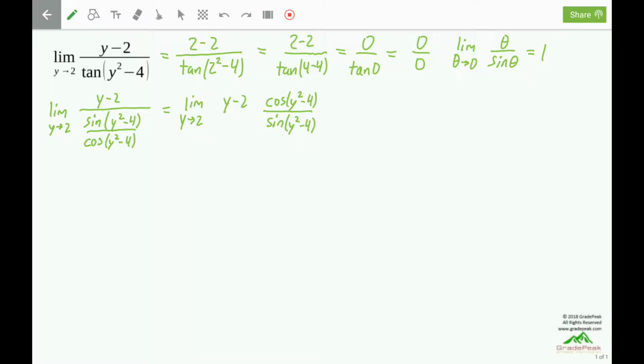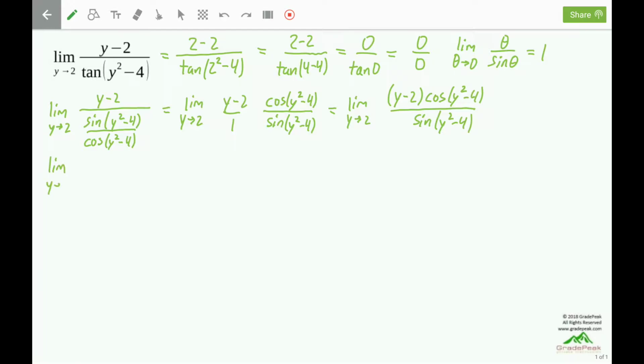And we can multiply that by y minus 2, which you can put over a 1 for the multiplication. We multiply the numerators, we multiply the denominators. So limit as y goes to 2 of y minus 2 times the cosine of y squared minus 4 divided by 1 times the sine of y squared minus 4. At this point, we can now isolate the sine functions so that we can phase match them.